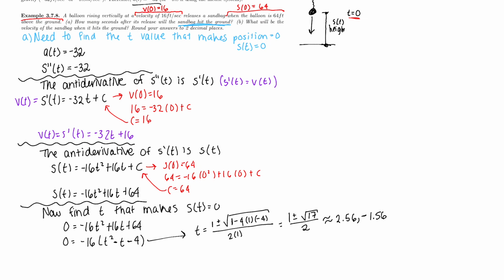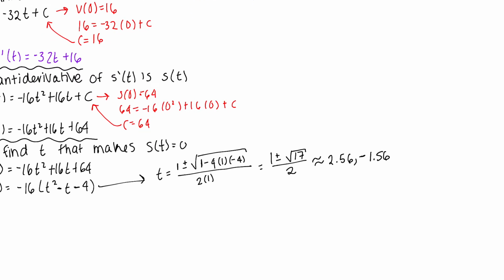And time was 0 when we released the sandbag. So saying that the sandbag hits the ground at negative 1.56 seconds doesn't quite feel right, because that would mean it hits the ground prior to releasing the sandbag, which doesn't sound right. So we can't have negative time.